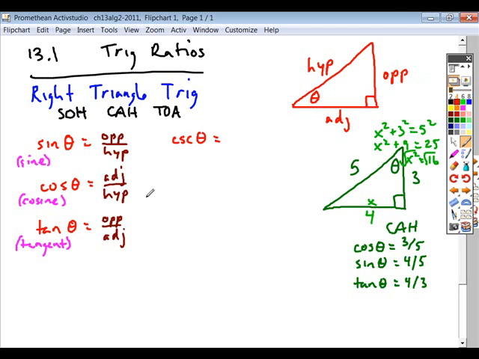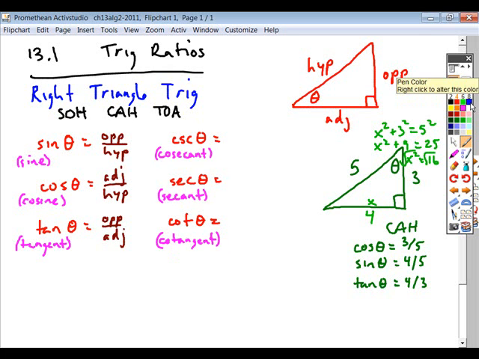The reciprocal of the cosine is the secant. And the reciprocal of the tangent is the cotangent. And so I'll write these down here: cosecant, secant, and cotangent.